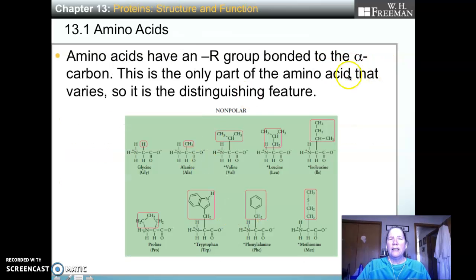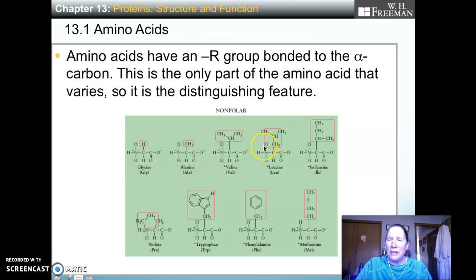If you look, these are the amino acids, okay? There's 9 of them, and the next page will have the other ones. See this one? Glycine only has a hydrogen for the R group. The backbone's the same. Alanine, if you compare the two, has a methyl group instead of an H. When you get to valine, it has a propyl group instead. When you get to leucine, it has a butyl group.